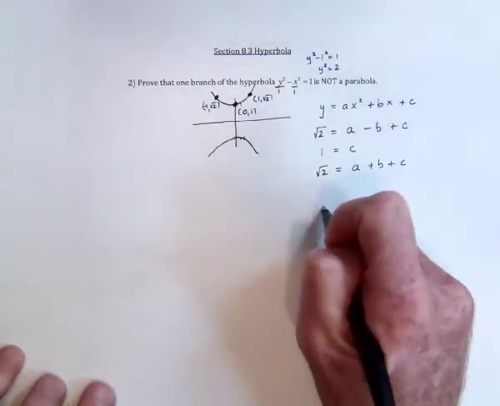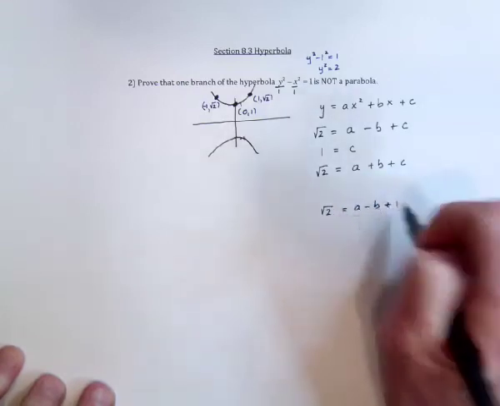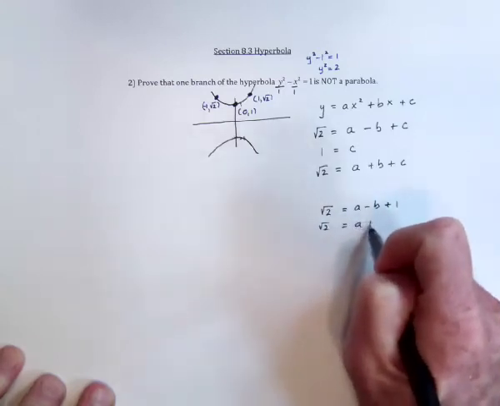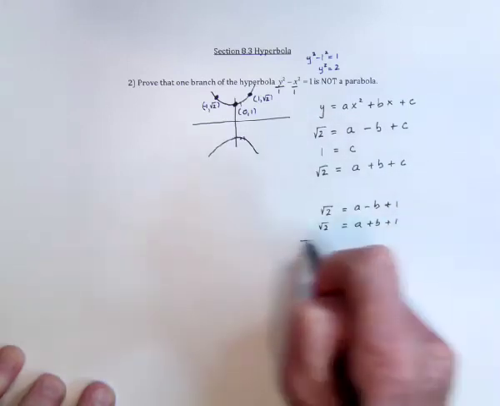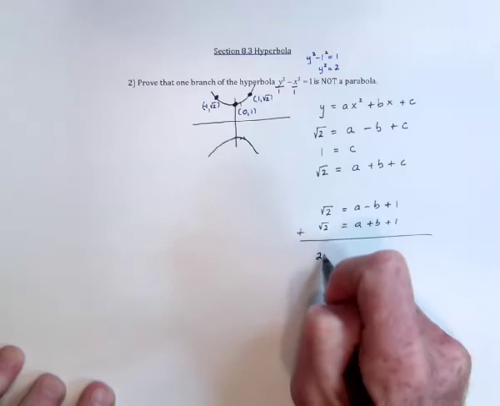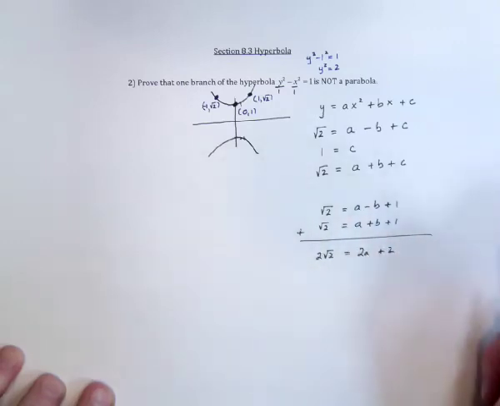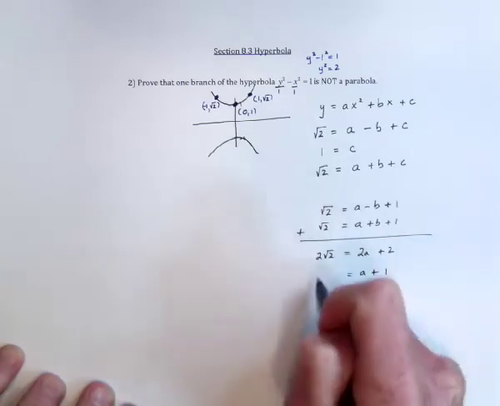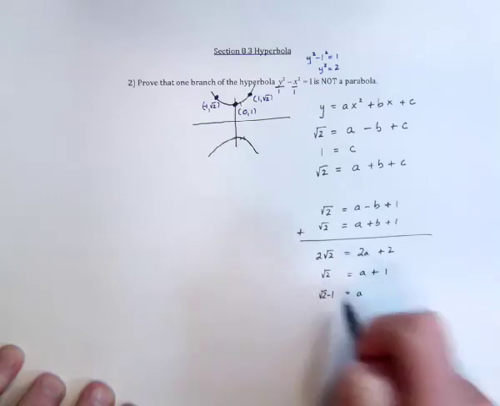So we have the square root of 2 equals a minus b plus 1, and the square root of 2 equals a plus b plus 1. Add these together, and there's going to be 2 square roots of 2, 2 a's, and a 2. The b's are gone. Now divide everything by 2, and we've got that a plus 1 equals the square root of 2. So a is equal to the square root of 2 minus 1.